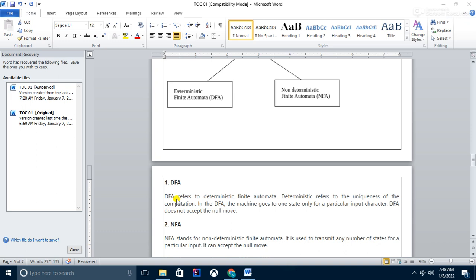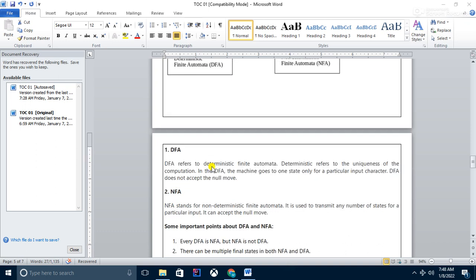The second thing is that in case of DFA, null moves are not possible, meaning on no input there will be no transition. In NFA, there can be transitions on the empty string also. So this is basically the categorization of DFA and NFA.